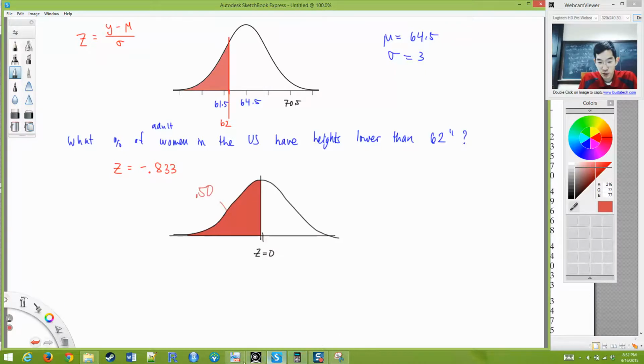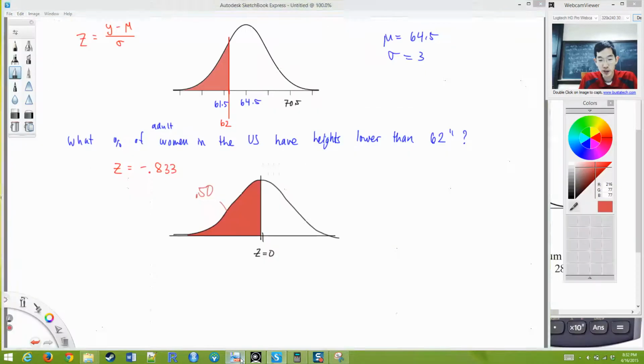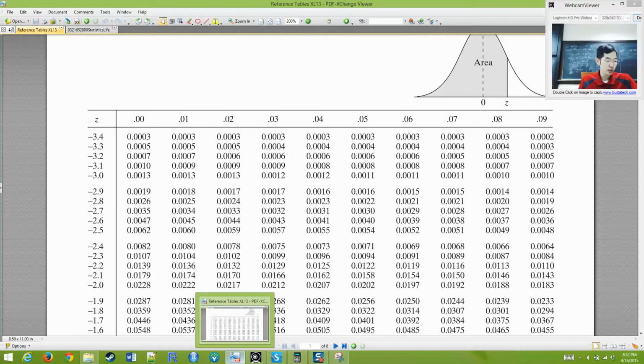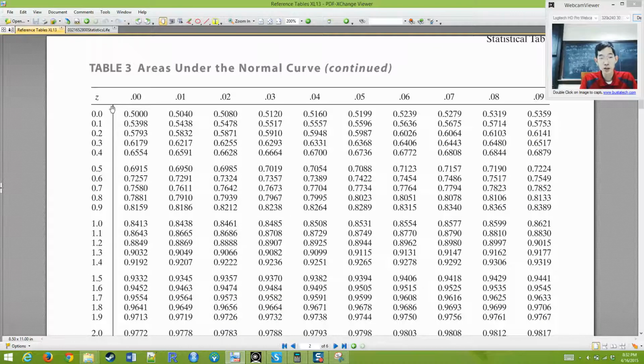And so if we go to our normal table, remember z is equal to 0.00, okay? And so this would actually be on the second page of the normal table, and you can look in the top left corner. 0.00, this intersection is 0.50000. So 50%.